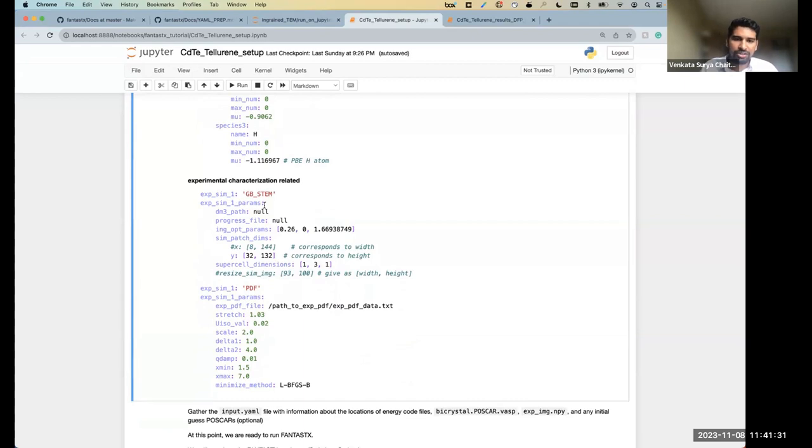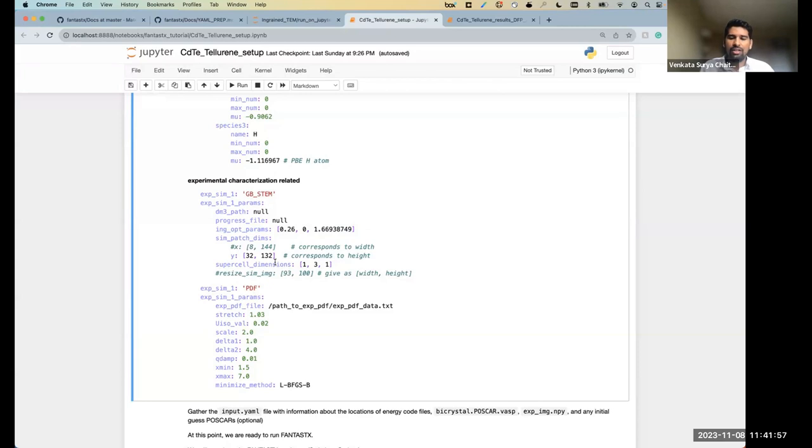So right now it supports 5 different types of experimental characterization methods. Here I show 2 different examples: grain boundary with STEM image, and PDF data with the nanocrystal or bulk structure. First we provide the Ingrained optimized parameters as input from here.